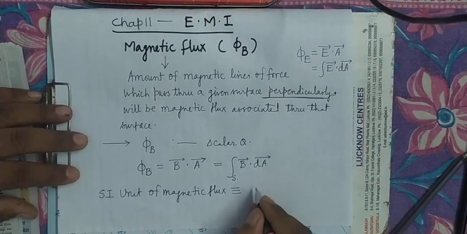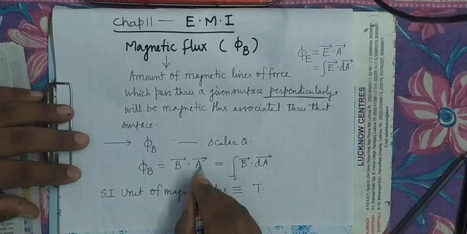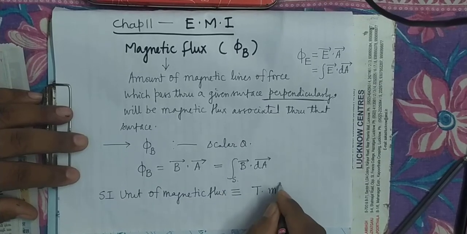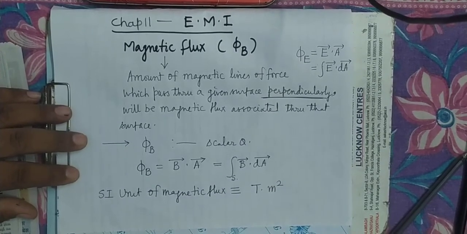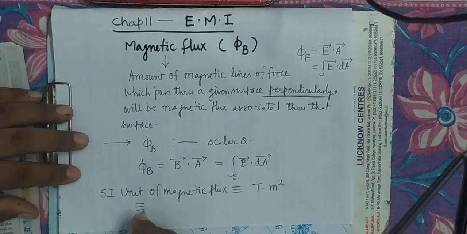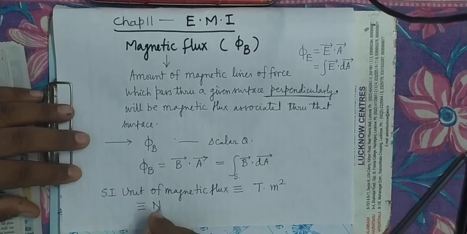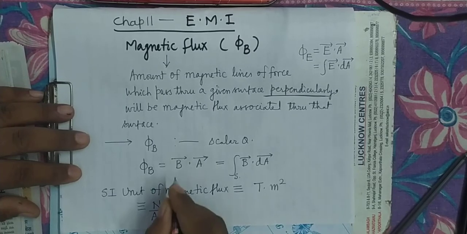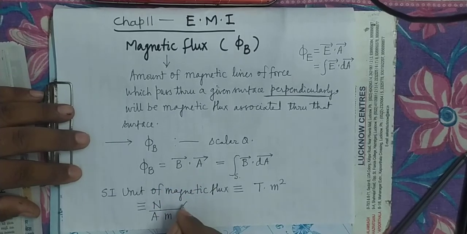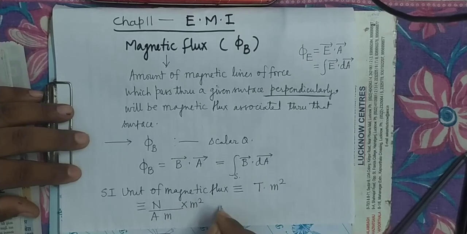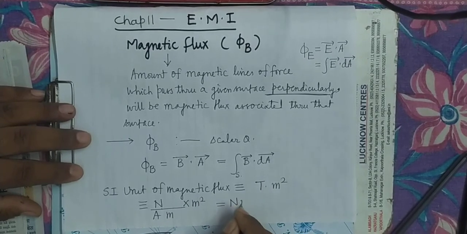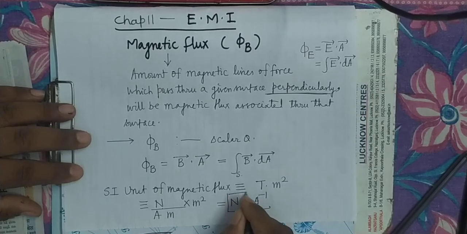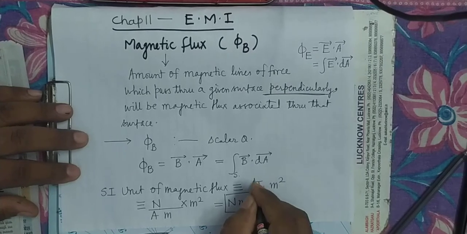It is Tesla, and area in meter square, so Tesla meter square. There is another unit of magnetic field, Newton per ampere per meter. Multiplying by meter square, it will be Newton meter per ampere. So these are two units of magnetic flux.